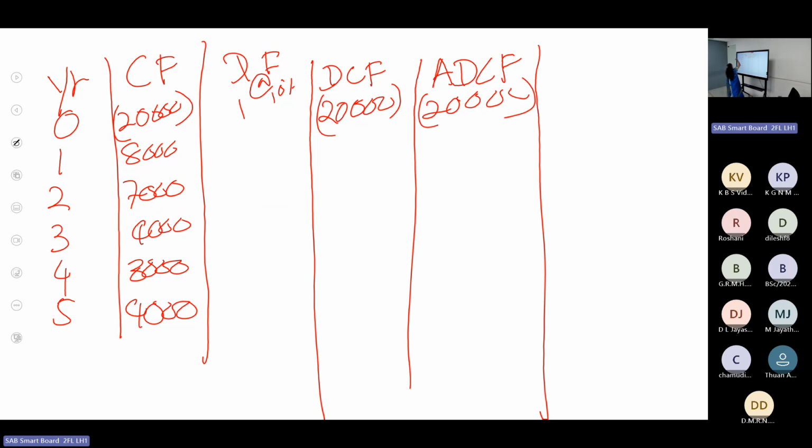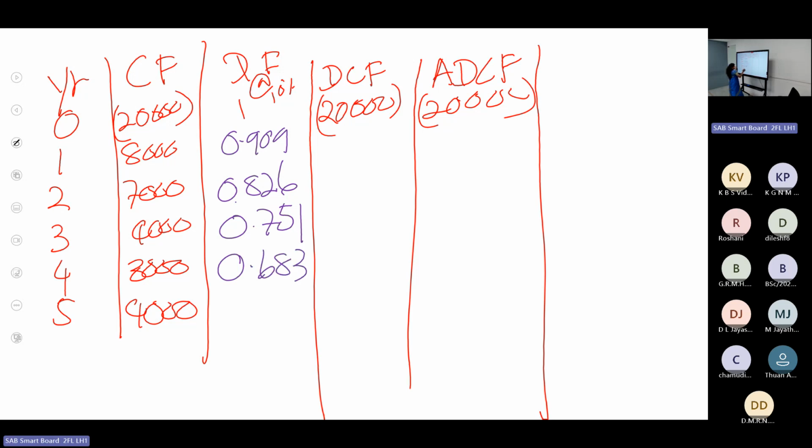Here 0.909, 0.826, 0.751, 0.683, 0.621. Now multiply this discount factor with the cash flow.